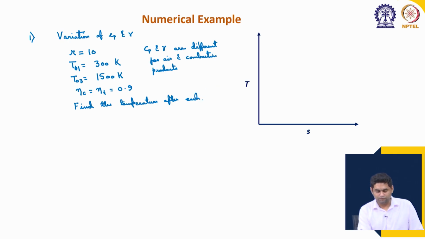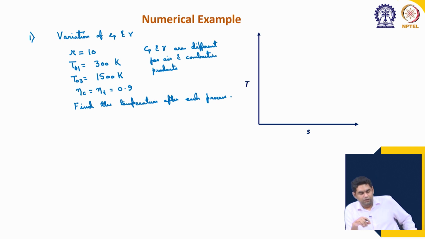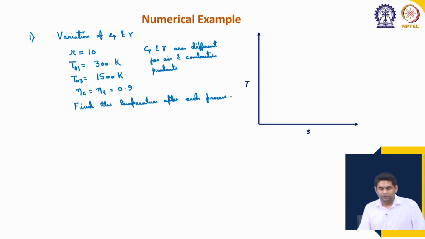Pressures will be known, so mainly we are finding the temperature. So, this is the problem. We will do a simple calculation, but we will take these accurate, new values of Cp and gamma. Let us draw the cycle first for reference.